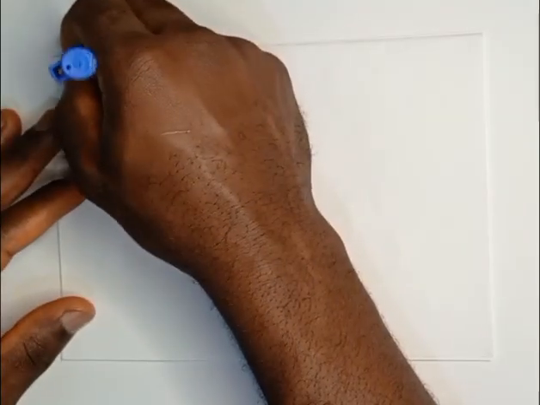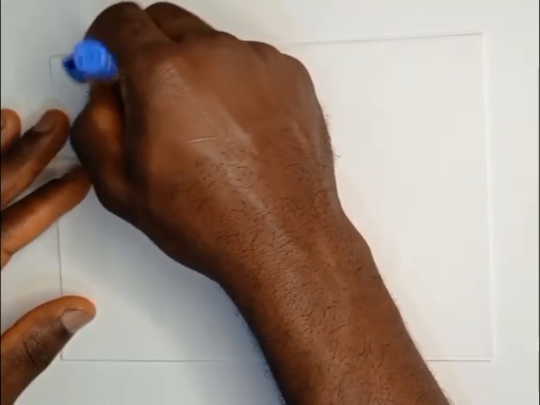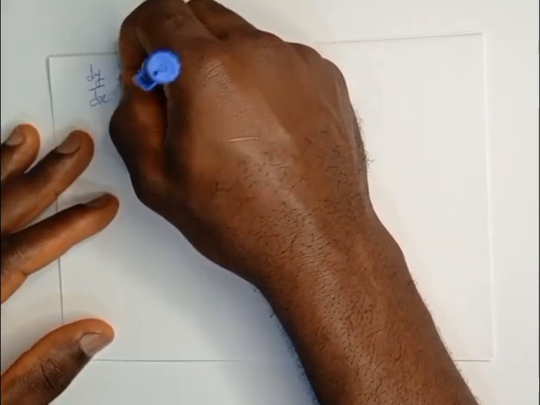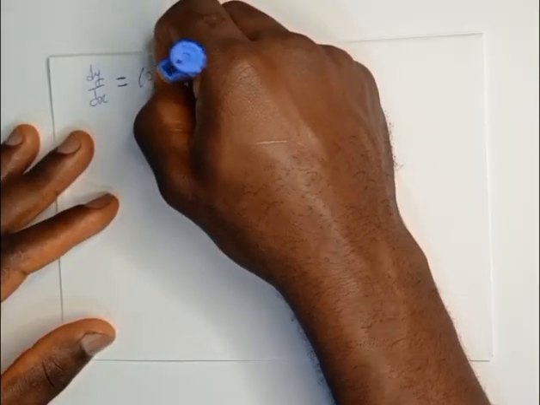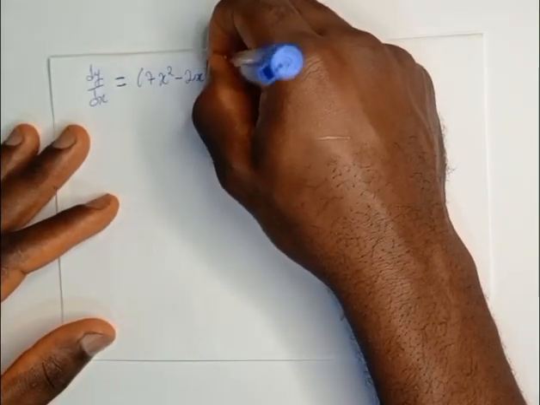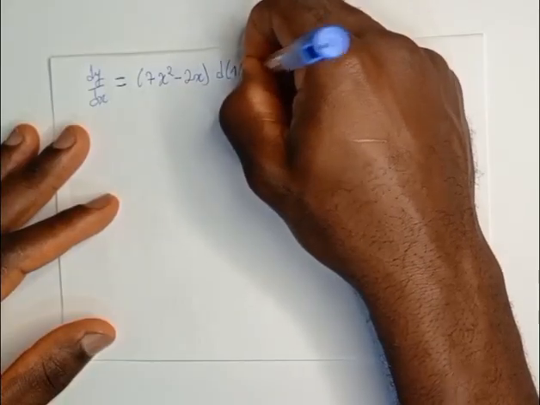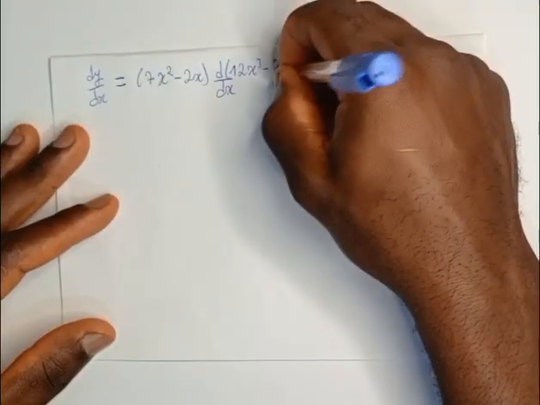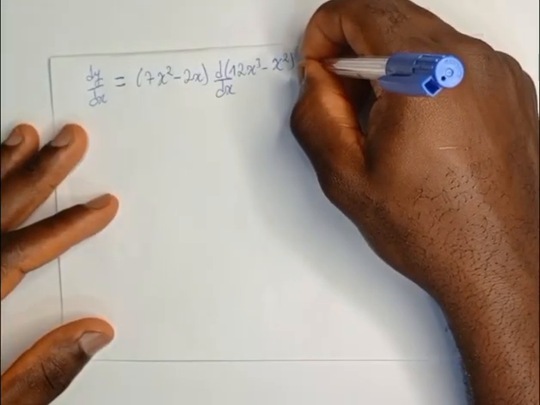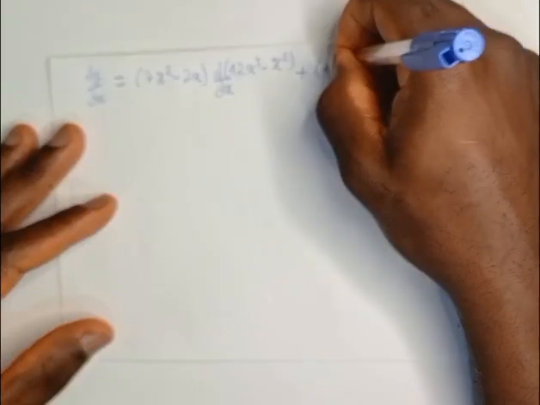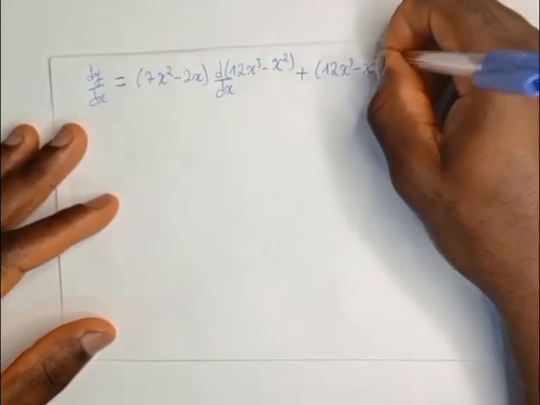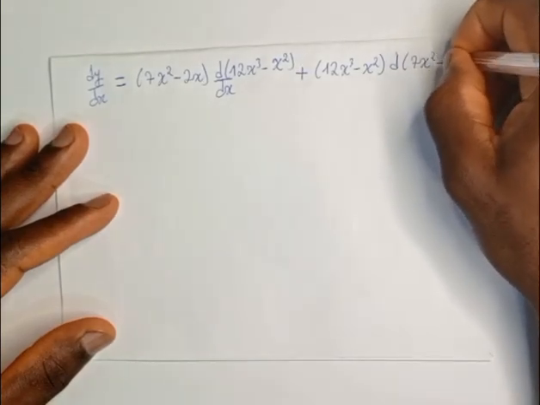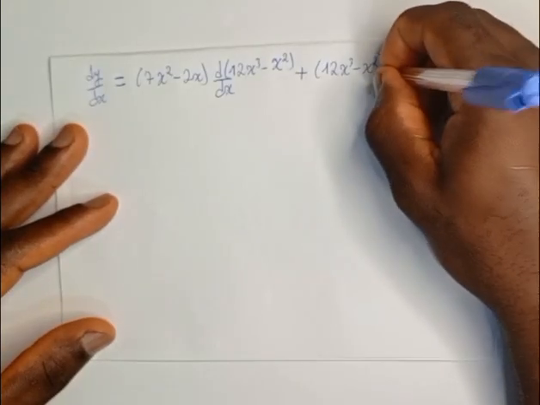By making use of the above formula, our dy over dx will simply be equal to, we keep the first function constant, 7x squared minus 2x, then we differentiate 12x cubed minus x squared with respect to x, plus we keep the second function constant, 12x cubed minus x squared, then we differentiate the first function 7x squared minus 2x with respect to x.